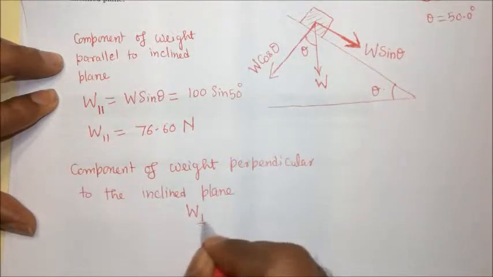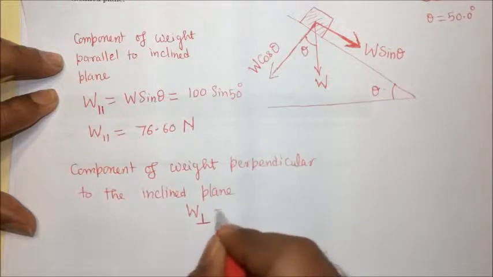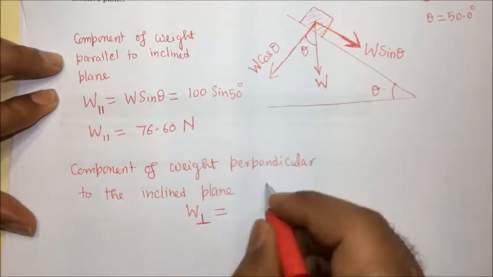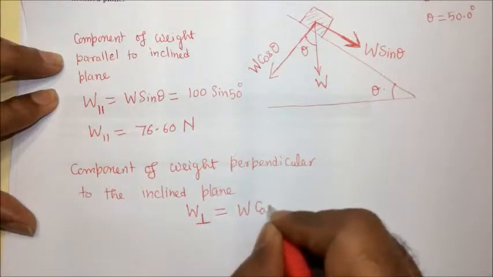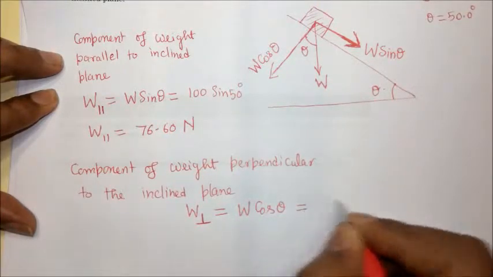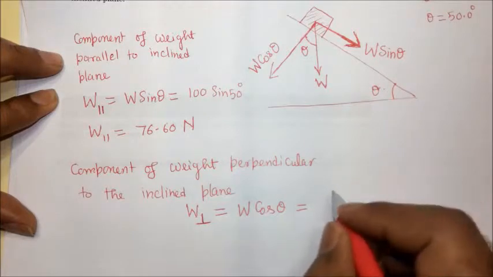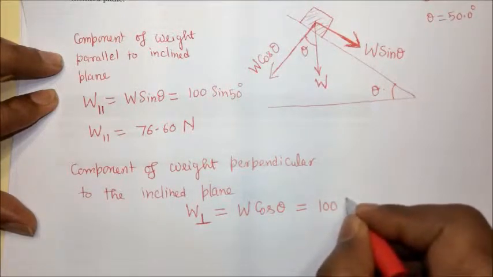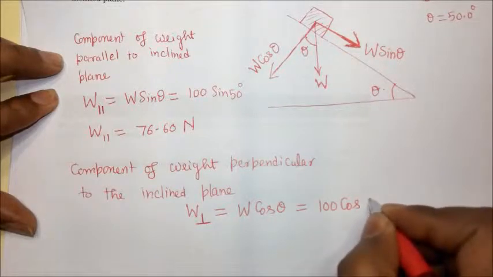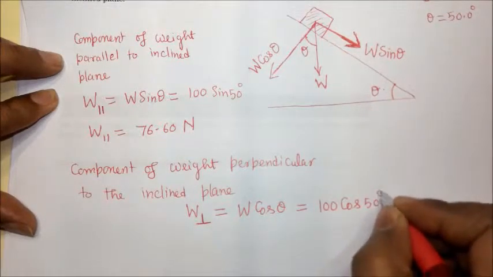This is the symbol for perpendicular. W perpendicular is going to be W cosine theta, that is going to be 100 cosine 50 degree.